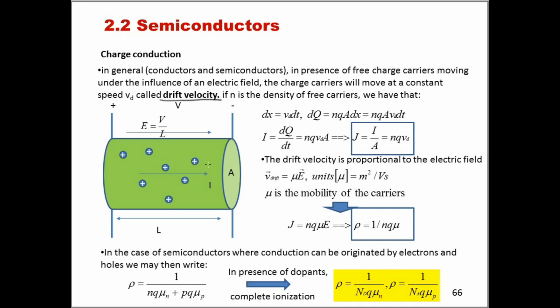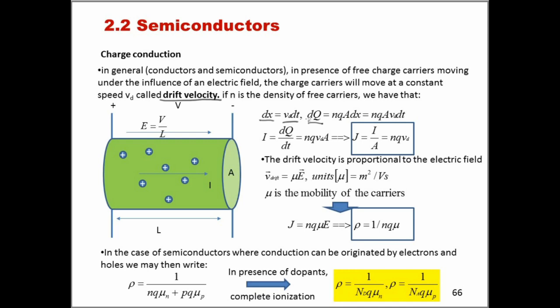So if we introduce this concept in our formulas, we can easily say that if x is the distance traveled by our charge, then this can be written as simply Vd times dt.